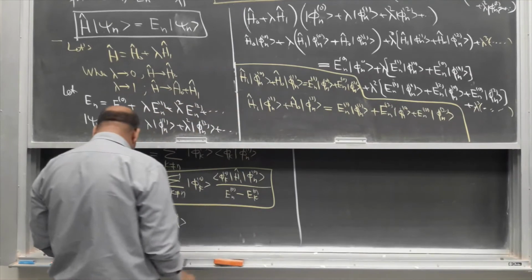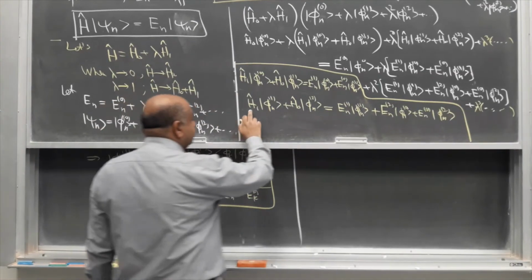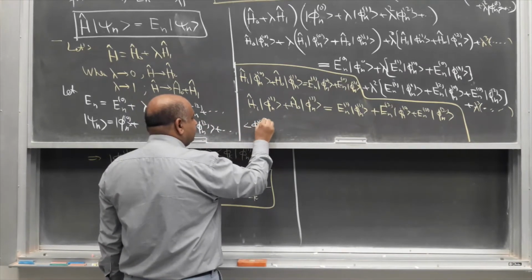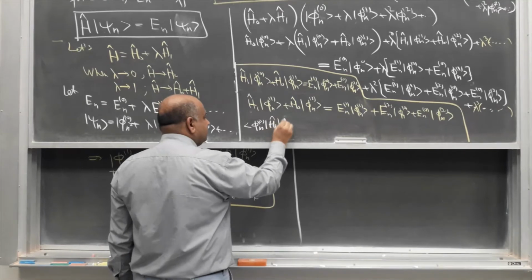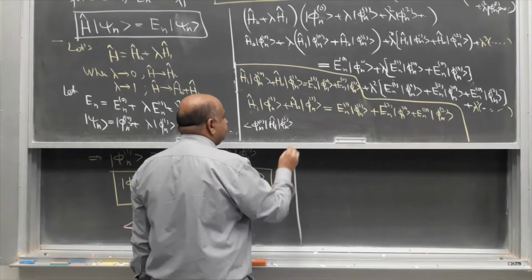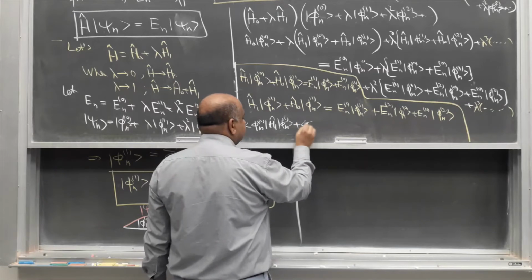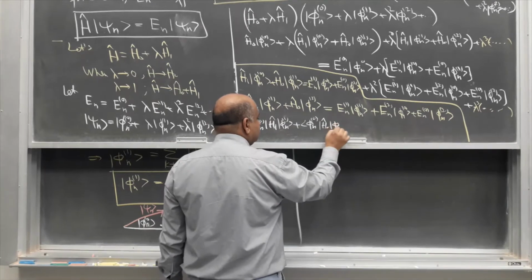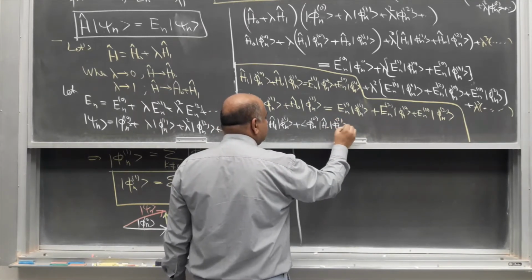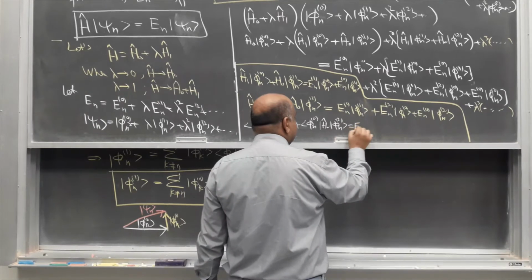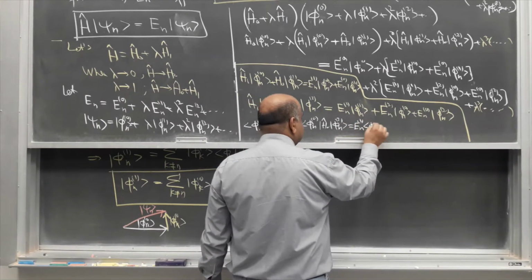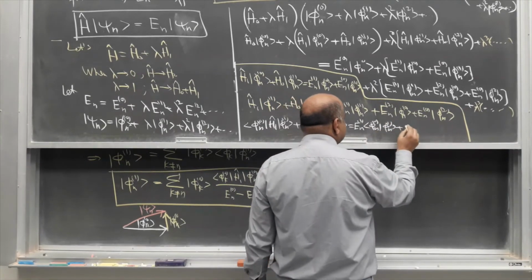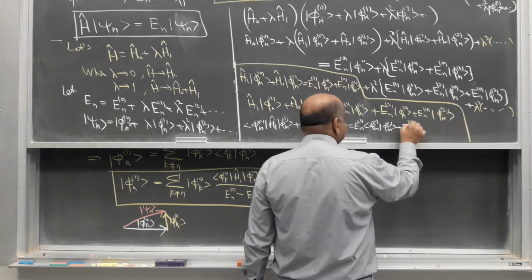If I do that, I get phi n0 h1 phi n1 plus phi n0 h0 phi n2, this en gets out, phi n0 phi n1 plus en2.